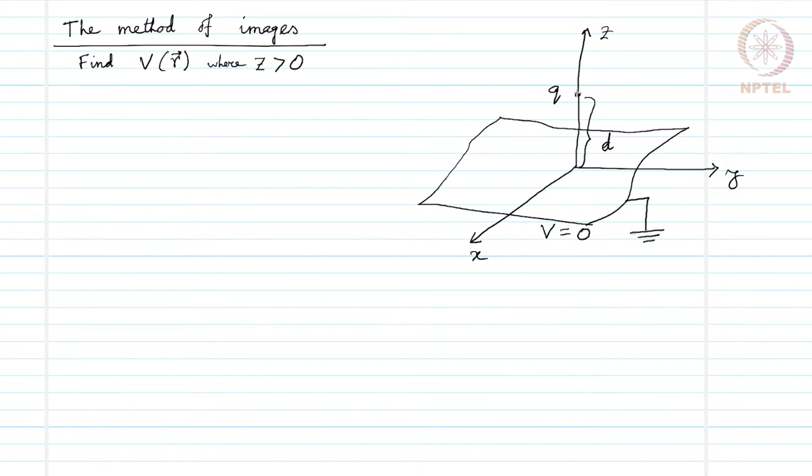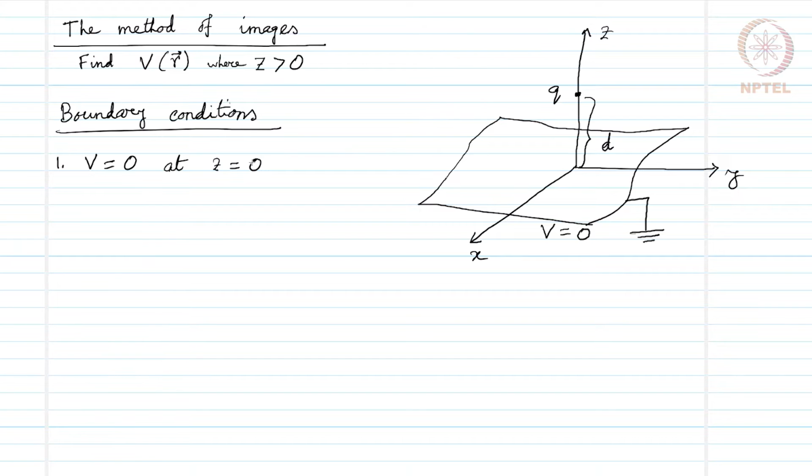So, if we write down the boundary conditions for this problem, we see that the potential equals 0 at z equals 0, because we have an infinite conducting plane that is grounded, and the second boundary condition is that the potential tends to 0 far from the charge.